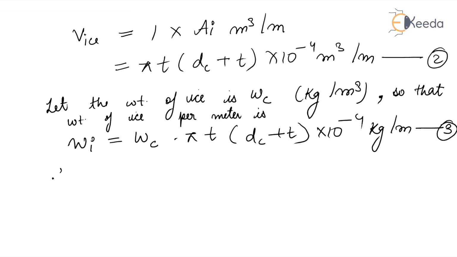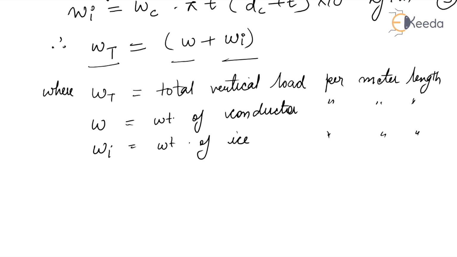Therefore, the total vertical load on the conductor per meter length is equal to W plus Wi, where Wt is the total vertical load per meter length, W is the weight of conductor per meter length, and Wi is the weight of ice per meter length. Please be clear on one thing.